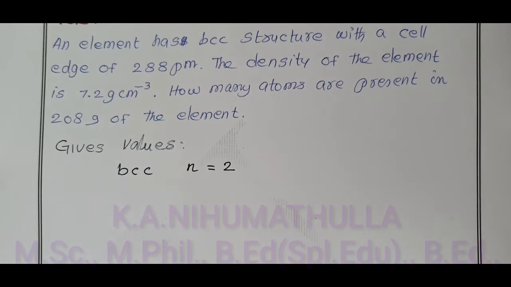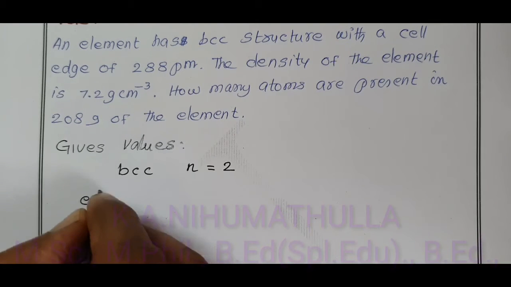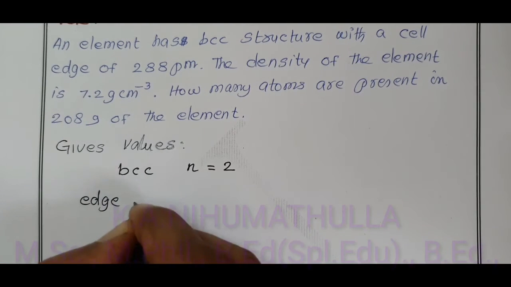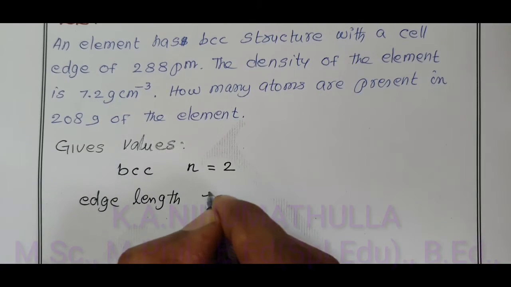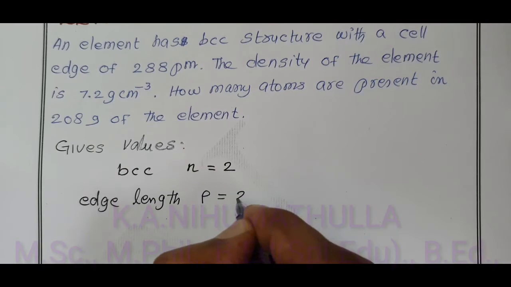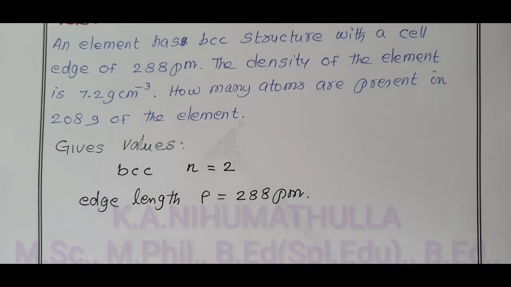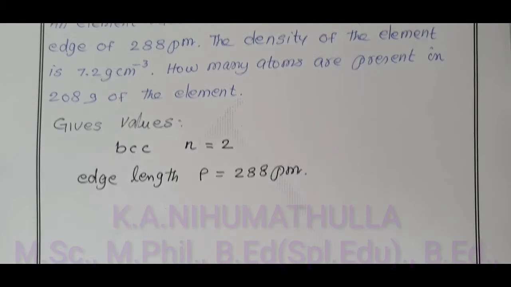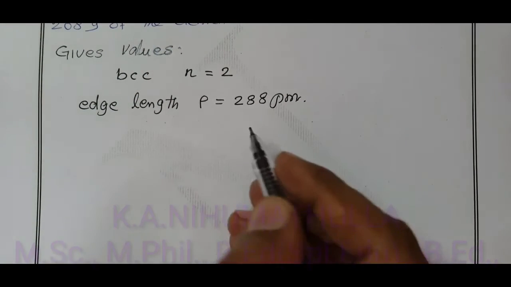Then next thing, edge length value is given, that is a equal to 288 picometer. 1 picometer equal to 10 power minus 12 meter or 10 power minus 10 centimeter.